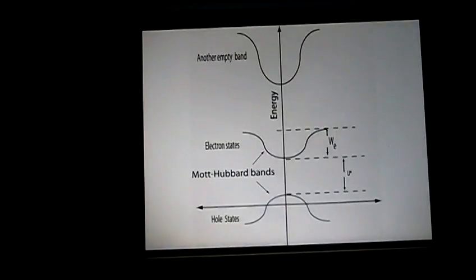So in the case of narrow band, I have a narrow Mott band. This is the first Hubbard band, this is the other Hubbard band, and I have a narrow gap. By narrow, I mean of the order of half an electron volt, small compared to the solar spectrum, and the band is also that size.